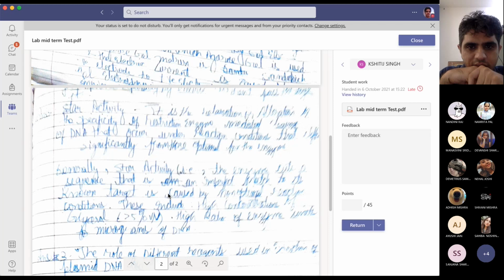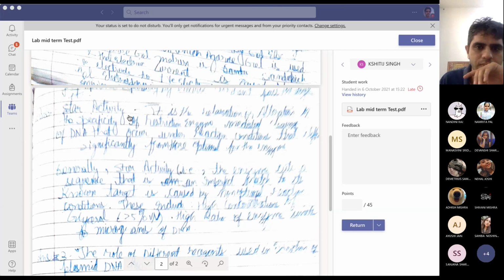Generally, star activity is when the enzyme cuts a sequence that is an imperfect match to its known target. What is allegation, brother? Allegation.